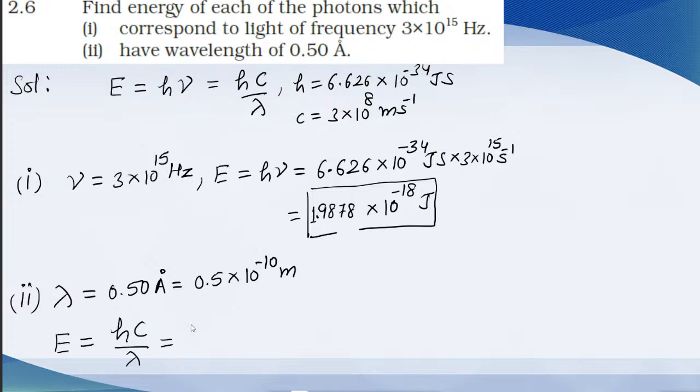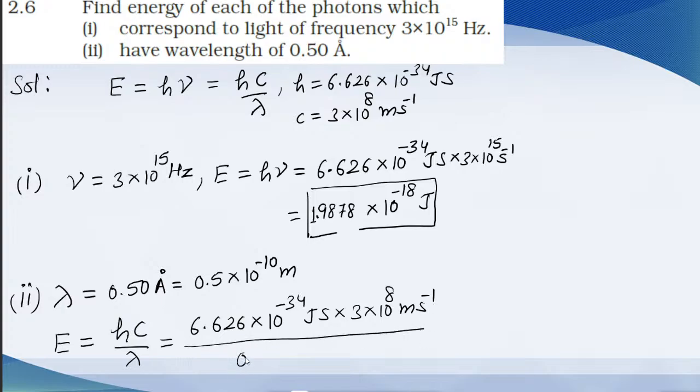Now next part: h is 6.626 into 10 raised to power minus 34 joule second, c is 3 into 10 raised to power 8 meter per second, and lambda is 0.5 into 10 raised to power minus 10 meter.